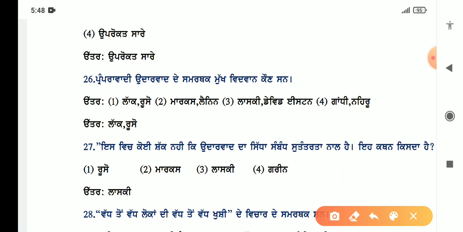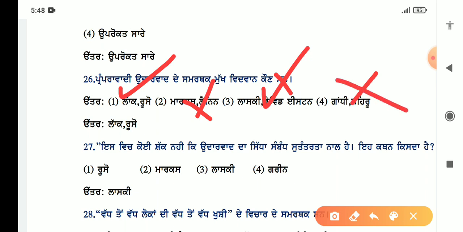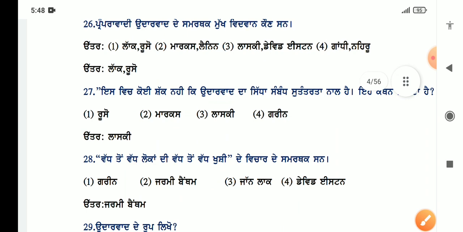Main supporters of classical liberalism are Locke and Rousseau. Marx, Lenin, no. Laski, David Easton, they are supporters of the modern point of view. Nehru, Gandhi, no. So Locke and Rousseau will be the answer.